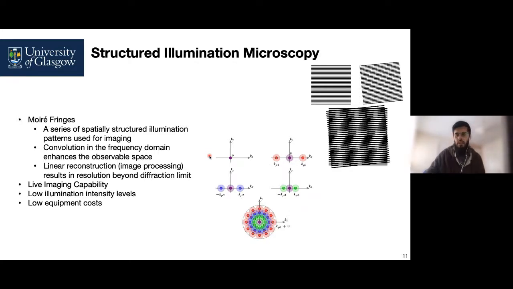Another very high benefit of this type of technique is, let's say we want to observe some biological samples. Usually, if we put in a higher intensity of light, that would mean better performance or better image quality.